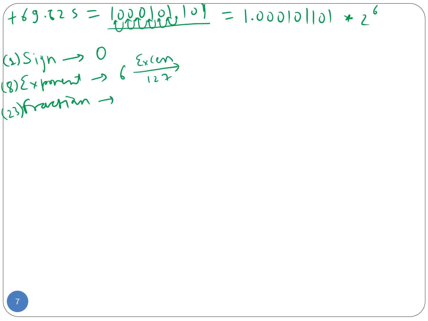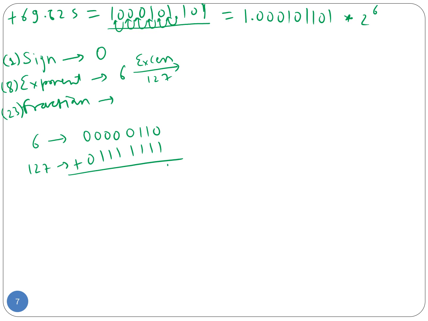So the way we do that is we first translate 6 into 2's complement, which in 8 bits would simply be 0 0 0 0 0 1 1 0. Okay, and now just add 127 to this. So 127 is basically 0 1 1 1 1 1 1 1. Just add this and we get the excess 127 representation for 6.